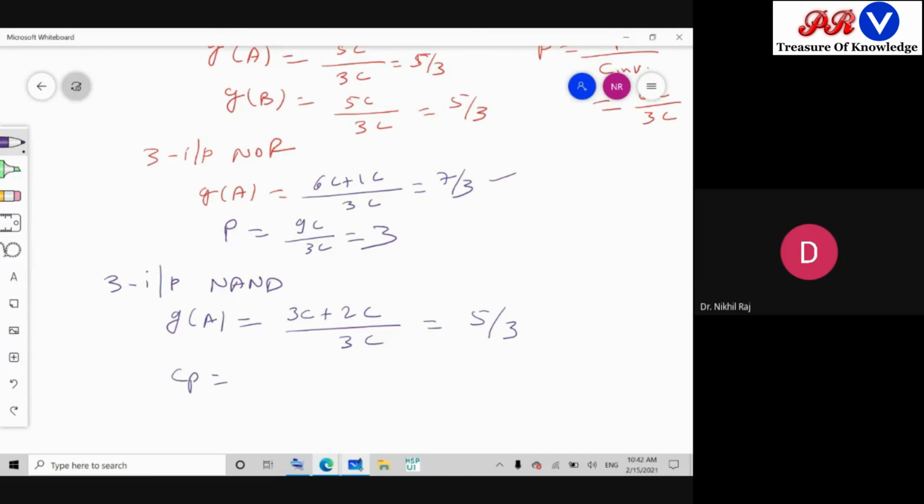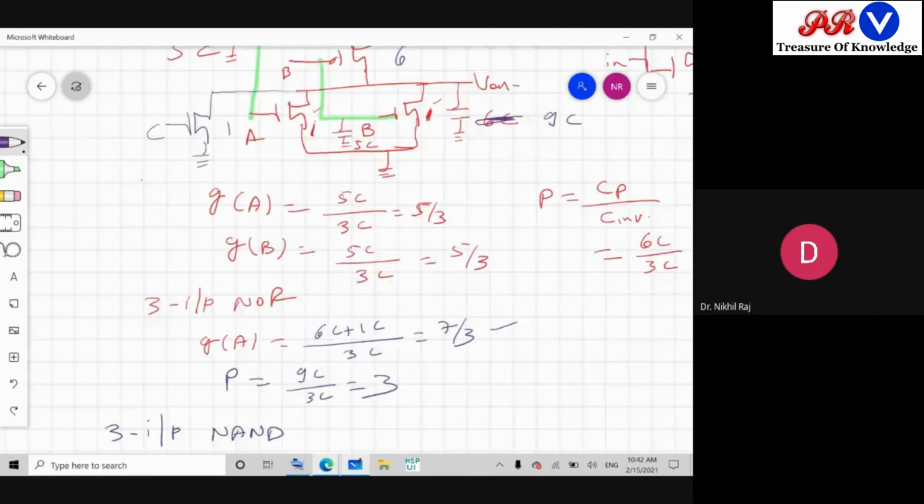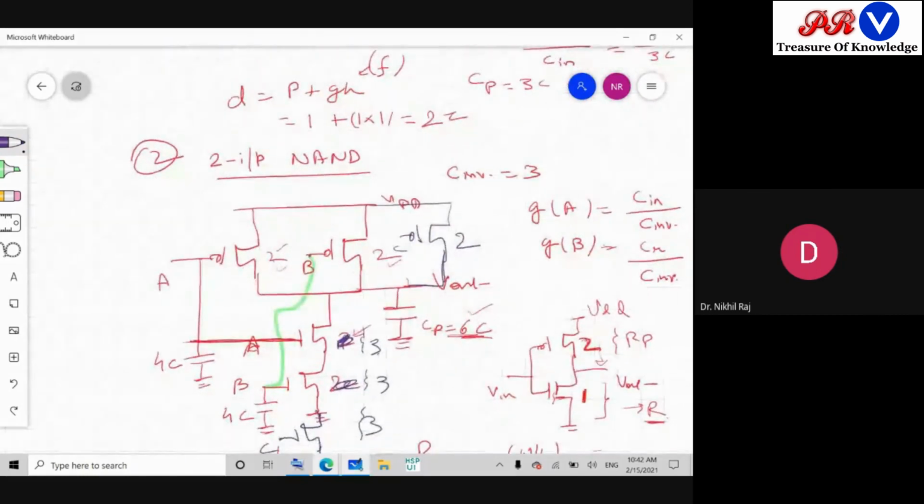Now recall the architecture in mind. Should I show the architecture? Look, tell me, what should the CP value be here? From the output, how many capacitances are associated?